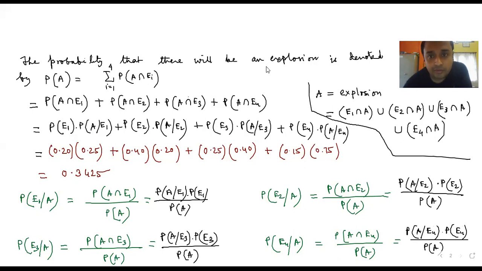Okay, now you have all the values. Again, help me find the probabilities. One by one, substitute the values and try to find the probabilities. I'm waiting for your reply. Priyashu Gui has written probability of E1 given A is 0.146.